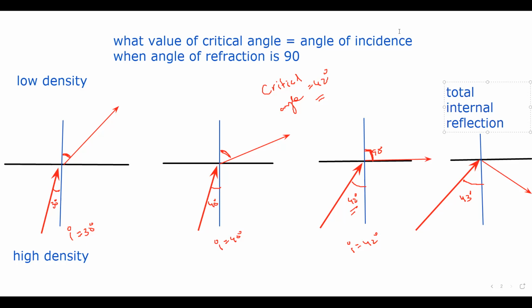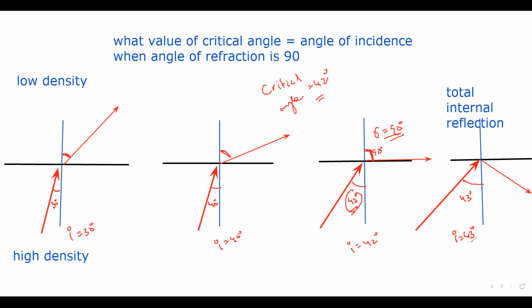Why is the critical angle 42, not 43? Because when you see the figure, the angle of refraction is 90. When the angle of refraction is 90, that value of the angle of incidence is known as the critical angle. So if the angle of incidence is more than the critical angle, as you can see, the critical angle is 42 for this material.